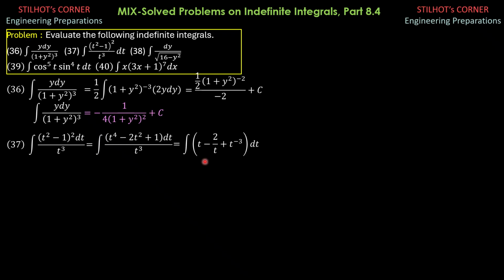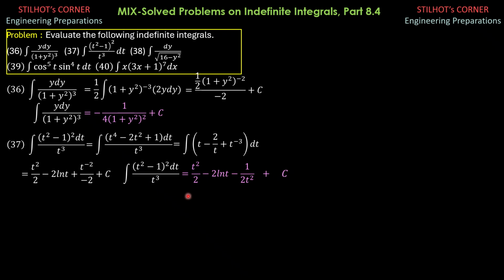Integral of t is t squared over 2, then minus 2 ln of t, then plus t to the negative 2 over negative 2 plus c. So the final answer is t squared over 2 minus 2 ln t, then minus 1 over 2t squared plus c.